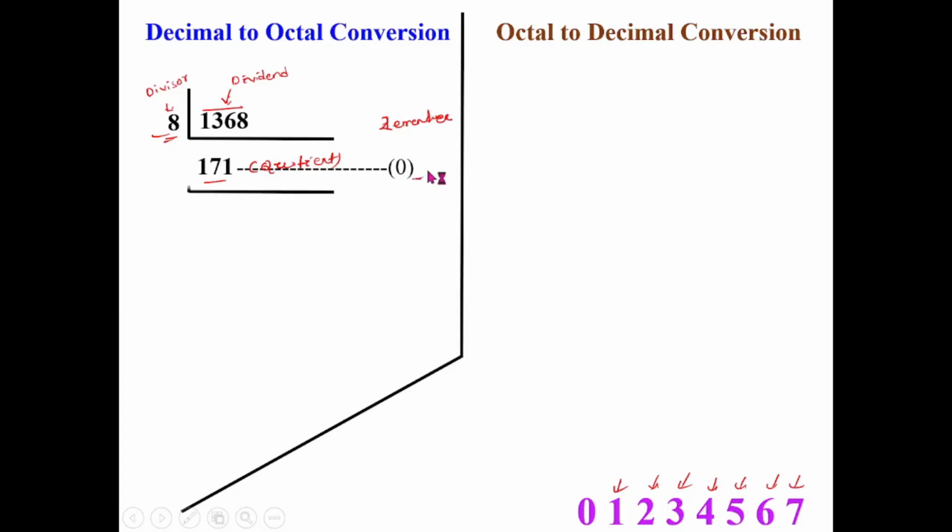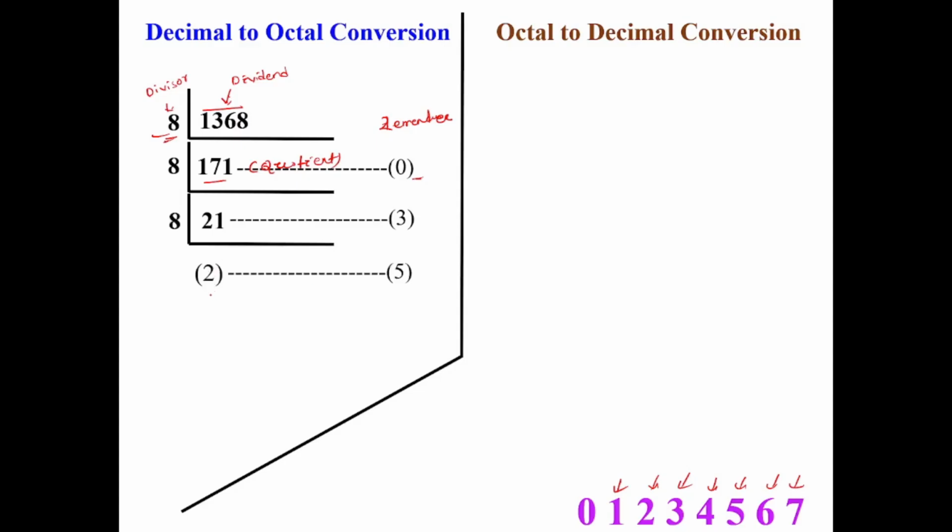Next, again the same step, divided by 8, we get 21 as the quotient and remainder 3. Again we divide by 8, the quotient will be 2 and the remainder will be 5. Here the quotient we found is 2. As I told, once we get one of these numbers, we have to stop. So this is our final step.